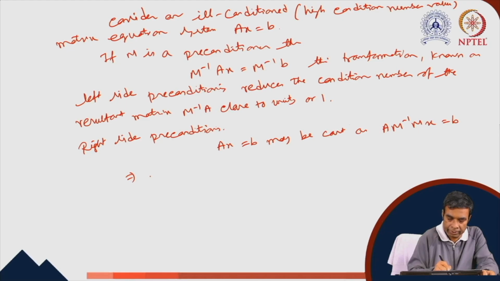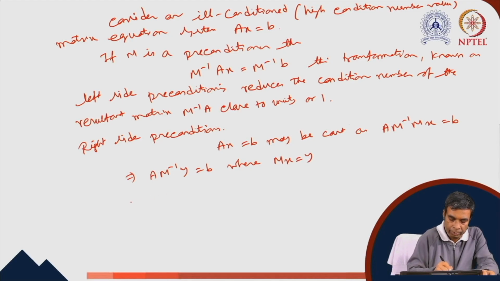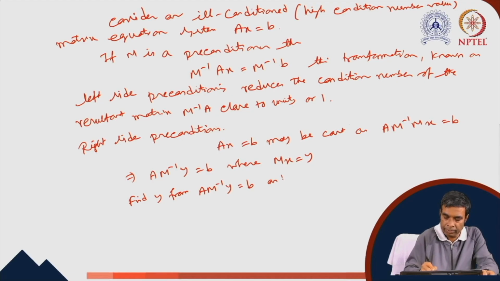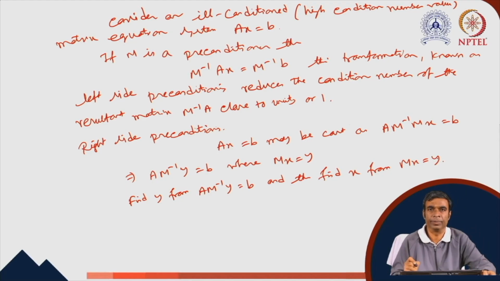This gives us A M inverse y equals b, where Mx equals y. So find y from A M inverse y equals b, and then find x from Mx equals y.